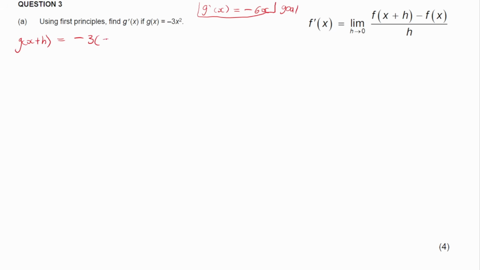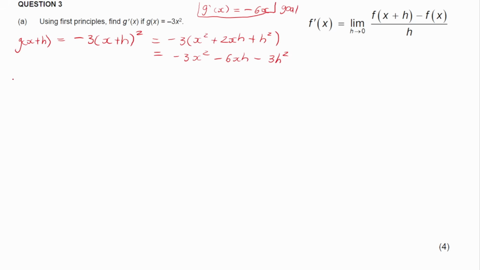So what ends up happening is I get this. Instead of x squared, I get x plus h squared. If I multiply this out, you can write the bracket twice and use your normal rules. I'm just using the short way over here. And that gives us negative 3x squared minus 6xh minus 3h squared.